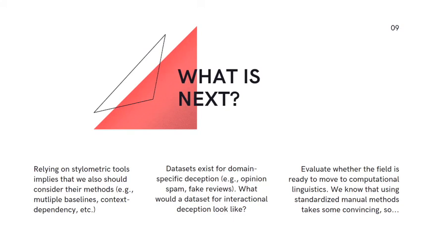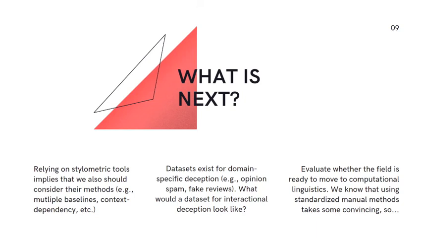Data sets exist for specific domains in terms of deception. We have opinion spam, we have fake reviews, we're starting to get fake news data sets. Why don't we try to create a data set for interactional deception and see what it looks like and see what we can do with it to try to implement those computational linguistics methods.